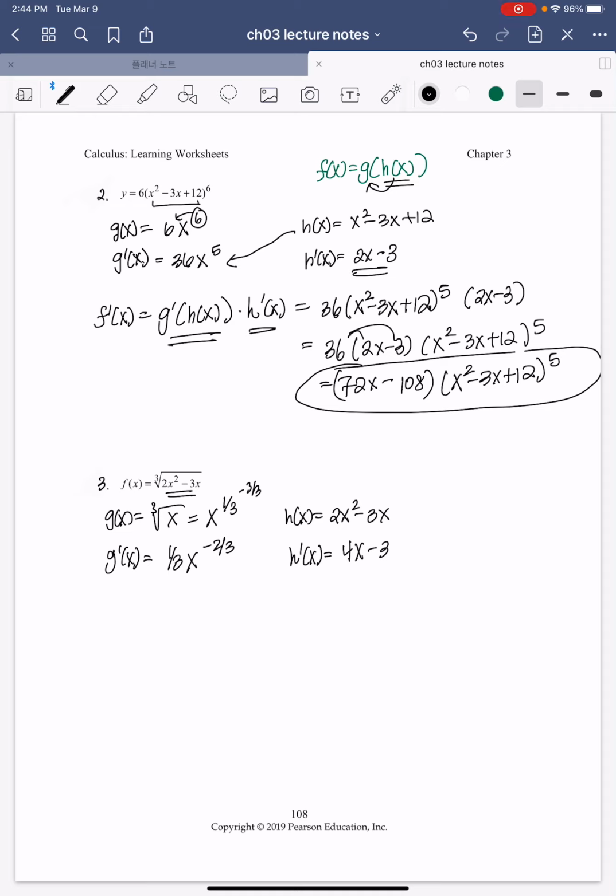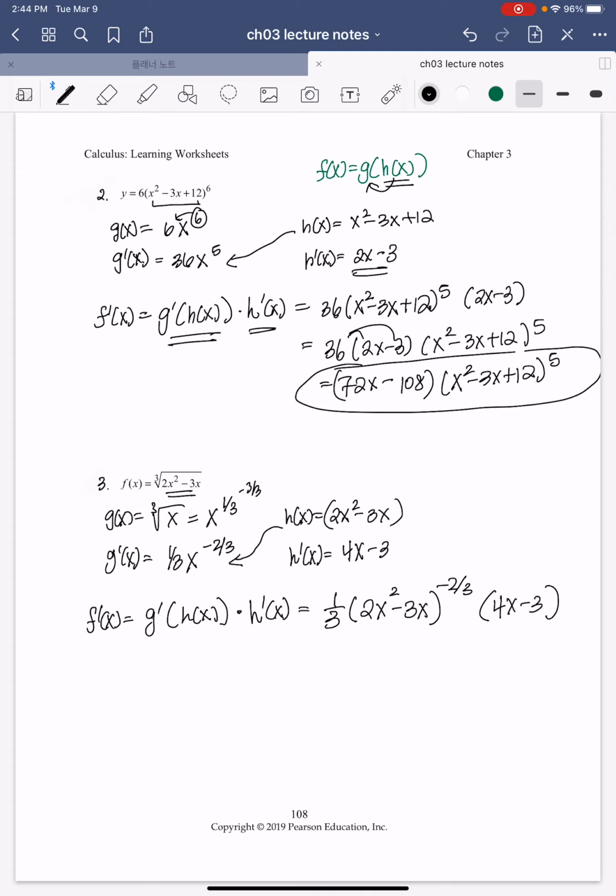Now let's get the formula. f prime of x is g prime of h of x times h prime of x. So h gets put into the g prime function, this whole thing. So 1/3 times 2x squared minus 3x raised to negative 2/3 times 4x minus 3.